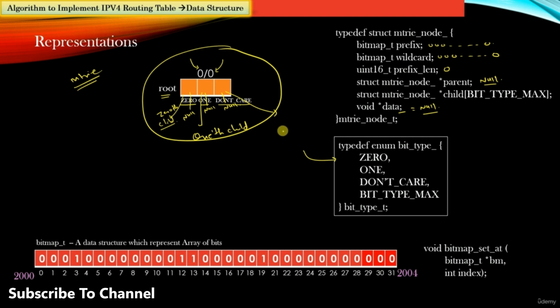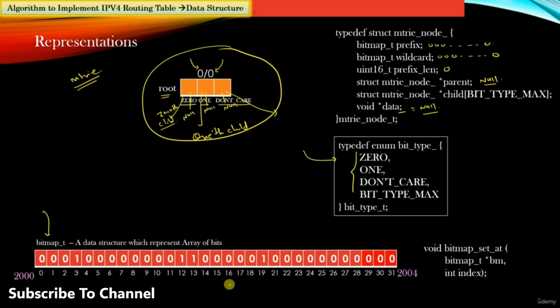So each node in the mtry can have a maximum of 3 children, and we index these children as 0, 1 or don't care.